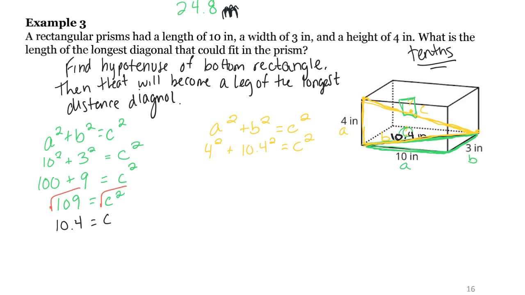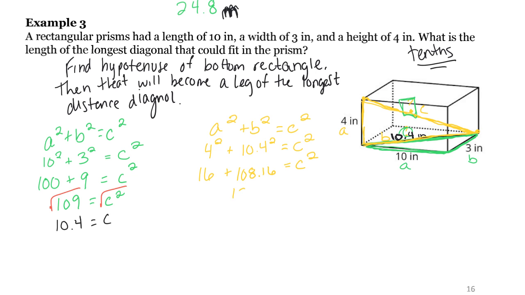So 4 squared is 16. What is 10.4 squared? 10.4 squared is 108.16, okay, equals C squared.